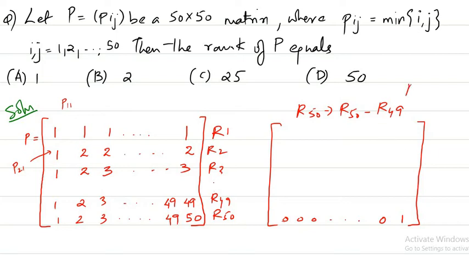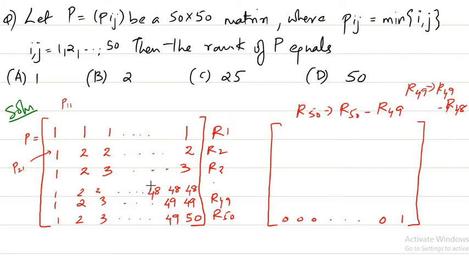Now I'll write R49 as R49 minus R48. When I do that, think like this: the previous row will be 1, 2, 3, and so on, up to 48, and here we again have 48, because this is the 48th row.